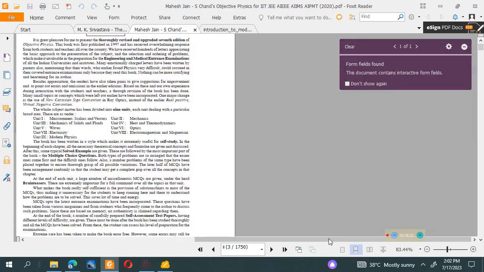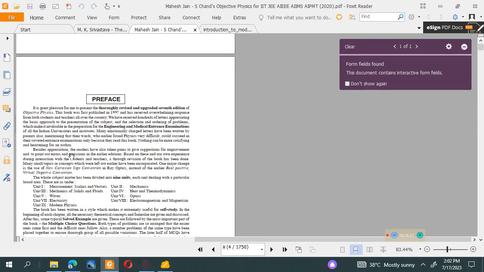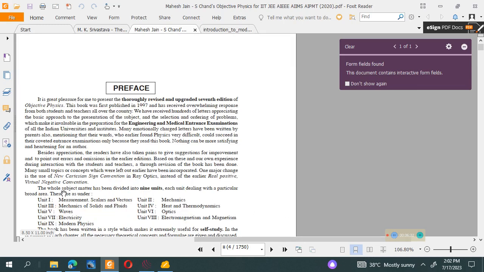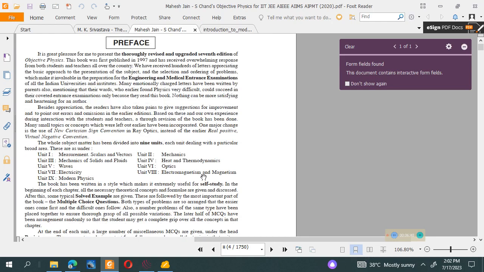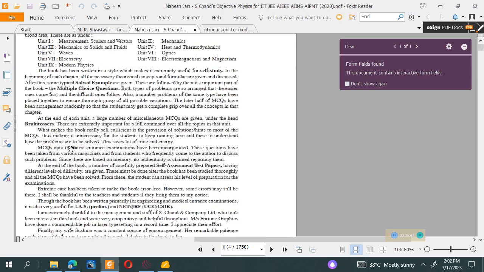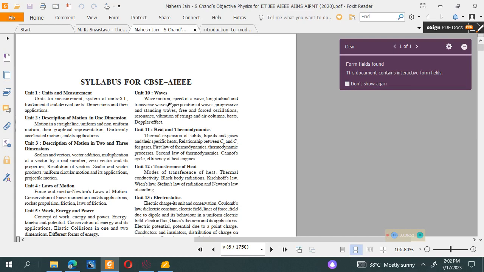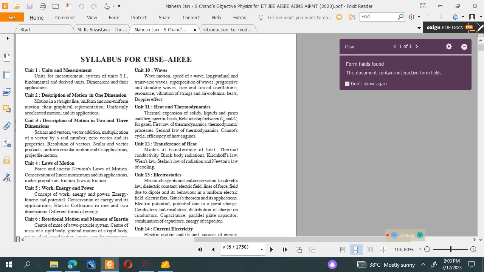These are its various chapters: scalar and vector mechanics, mechanics of solids and fluids, heat and thermodynamics, waves, optics, electricity, electromagnetism and magnetism, modern physics. These are the various units covered in this book, and I think a lot of MCQs have been solved. These are further detailed interpretations of these chapters and other topics.